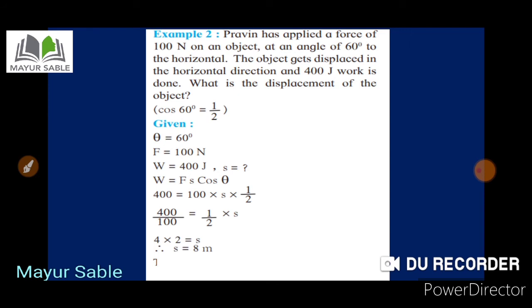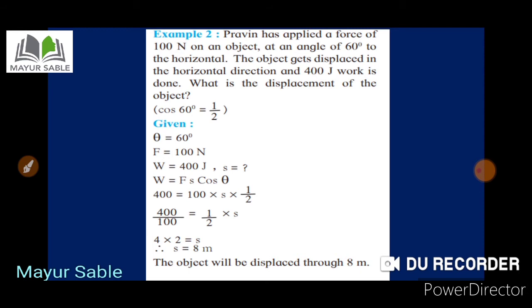Again 1 by 2 was on the RHS, so now we have taken it to the LHS, so it will become 2. So we get the value 4 multiplied by 2 is equal to S, and 4 multiplied by 2 is 8. Therefore we get the value of displacement, that is nothing but the value of S is equal to 8 meter. So we can conclude now the object will get displaced through 8 meters.